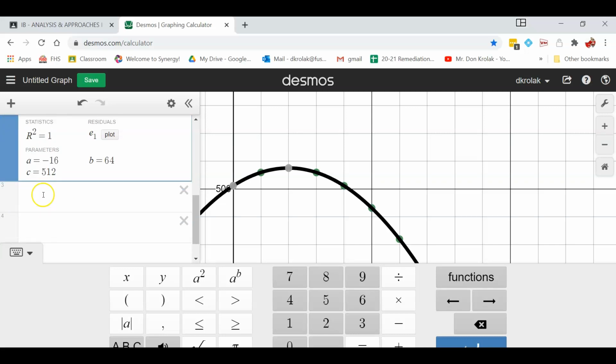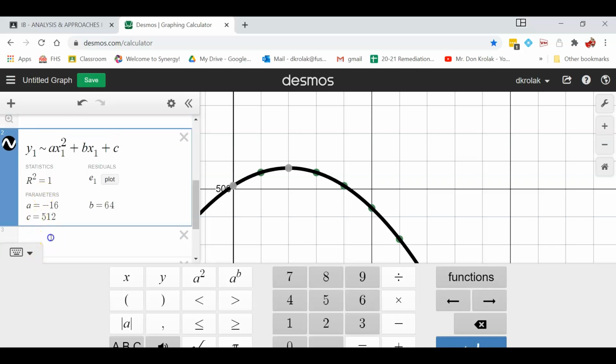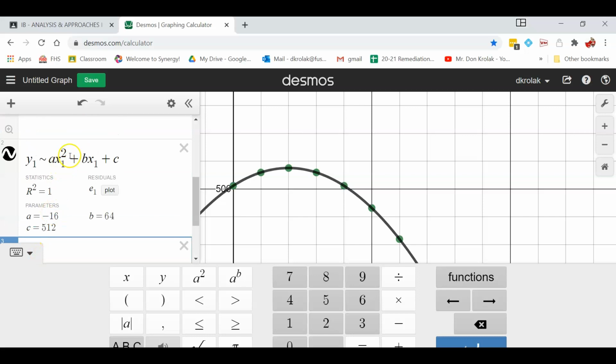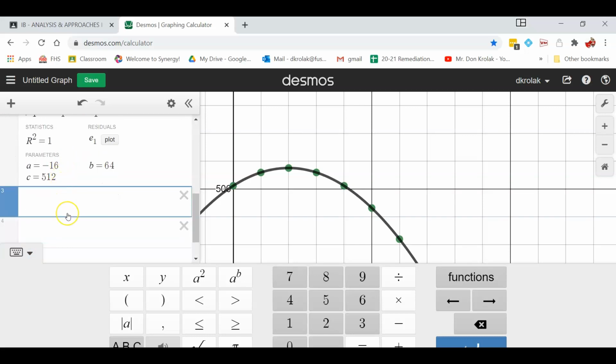This is the cool thing about Desmos: I'm going to type this in, but I'm going to do vertex form instead.